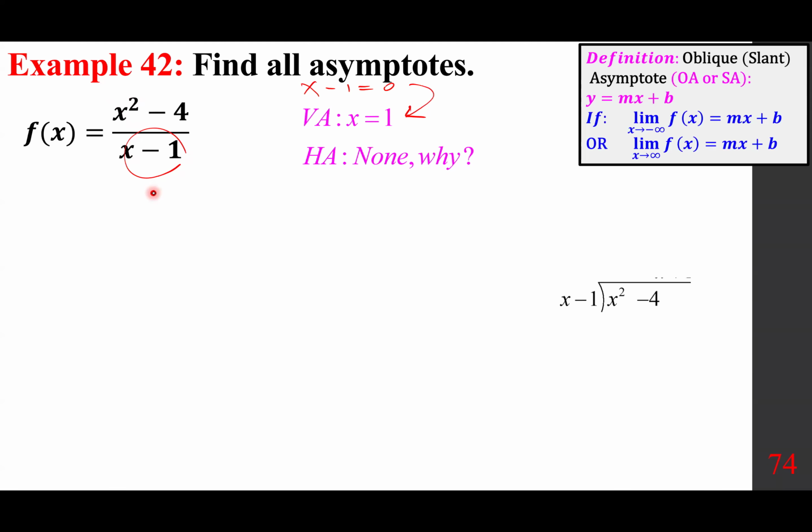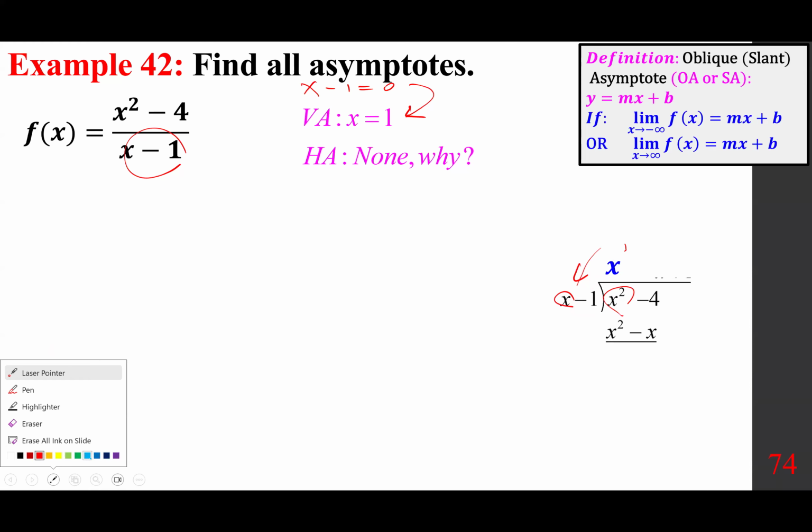So long division, you divide the first one by the first one, you get x, and you multiply the x. You get x squared minus x. You subtract it, that means x squared minus x squared cancel each other, minus minus x, you get x.